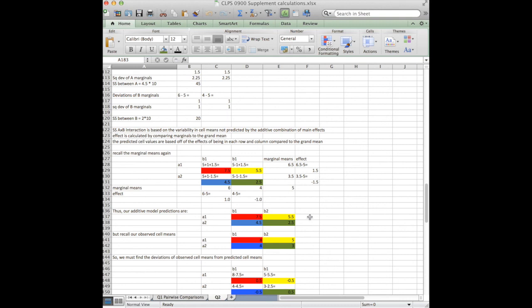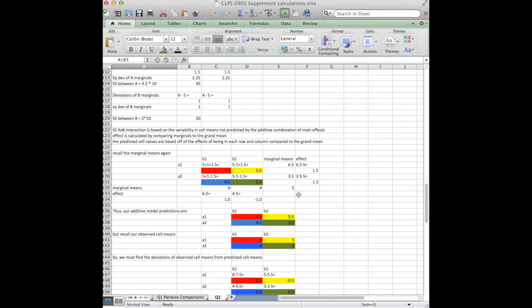Next, the way we do this whole additive combination is that we take the grand mean, and then based on the effects that we just calculated, we try to get the predicted cell mean.